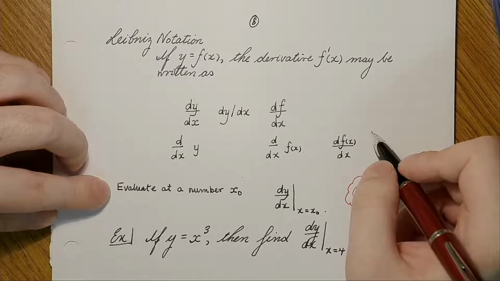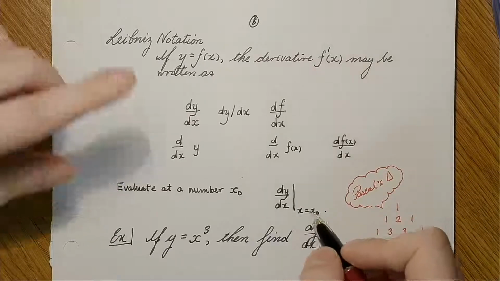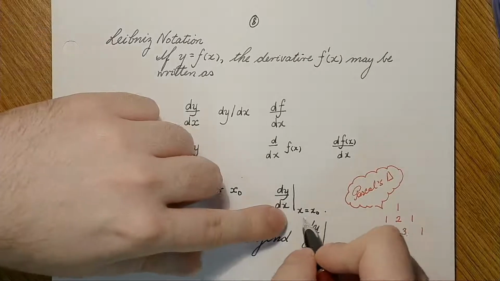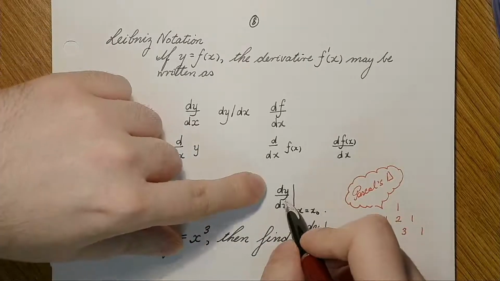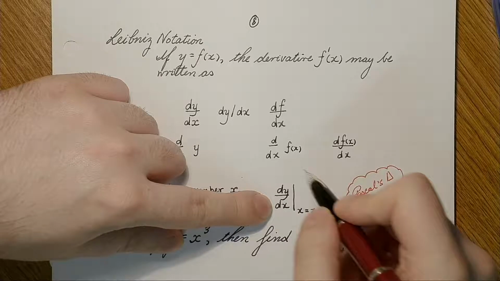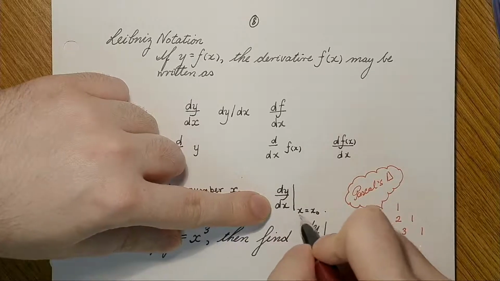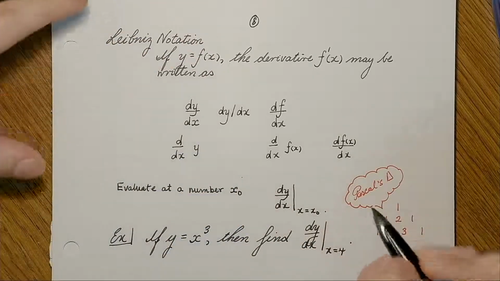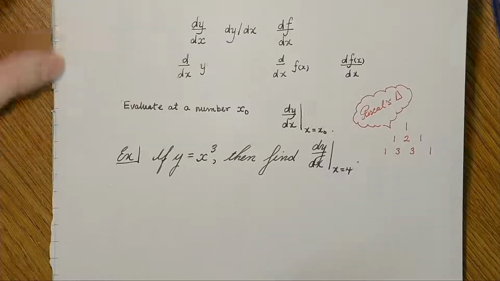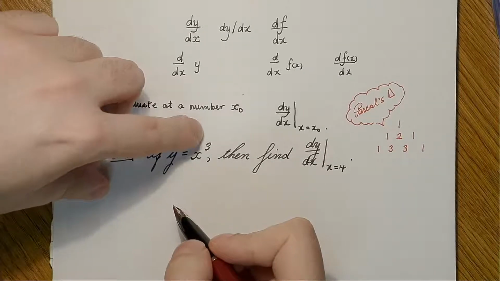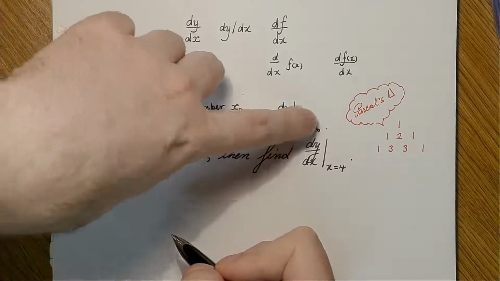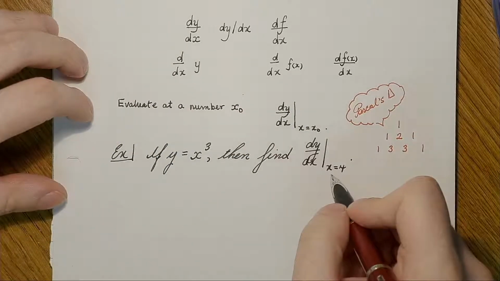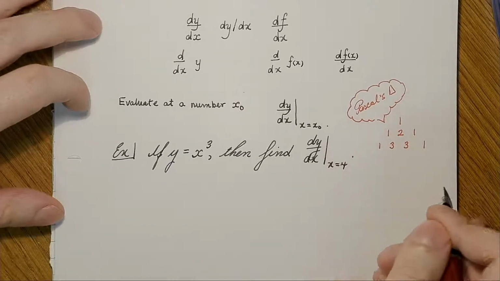If you want to show that you're evaluating it using Leibniz notation at a specific point, then we write dy by dx, and then a vertical bar, and then we write x equals, and then the number. So for instance, I could have y equals x cubed, and we're asked to find what the derivative is at x equals 4.